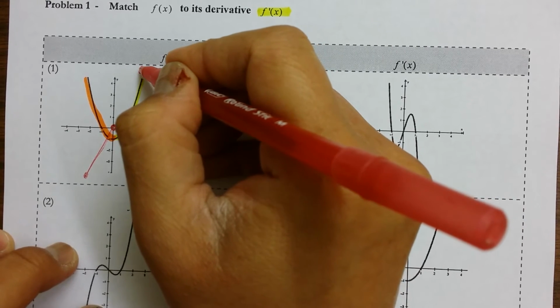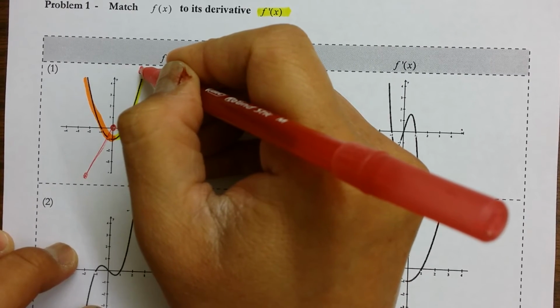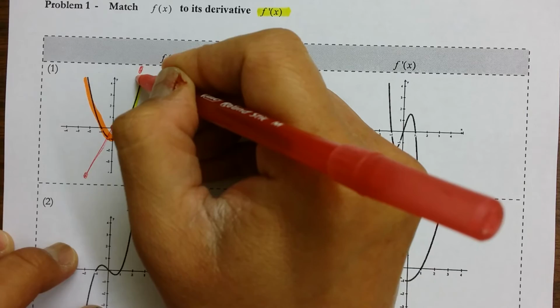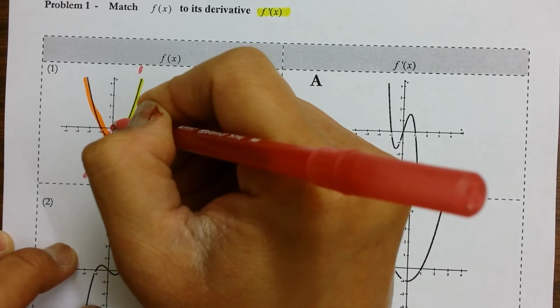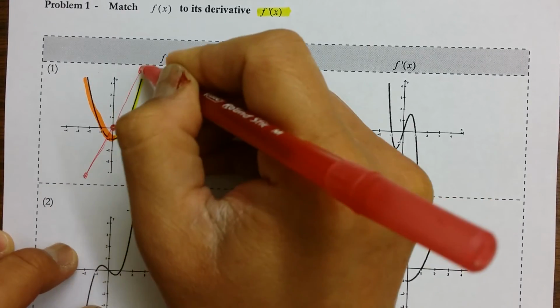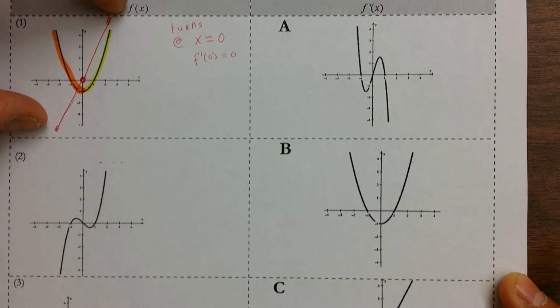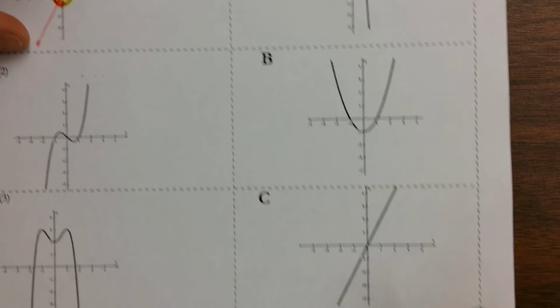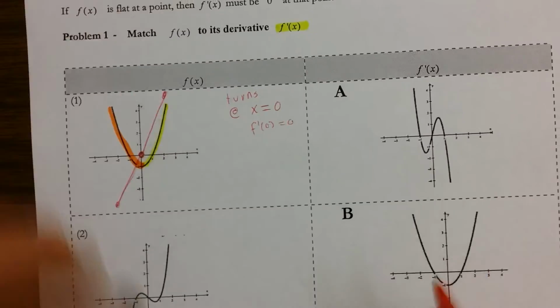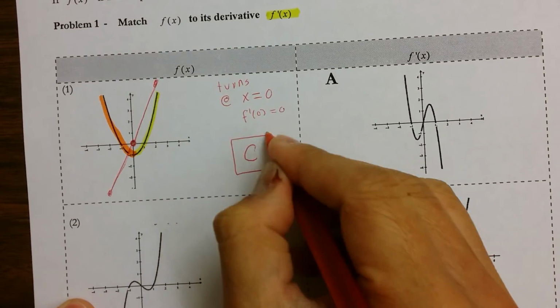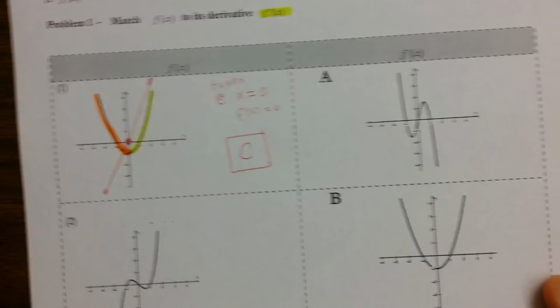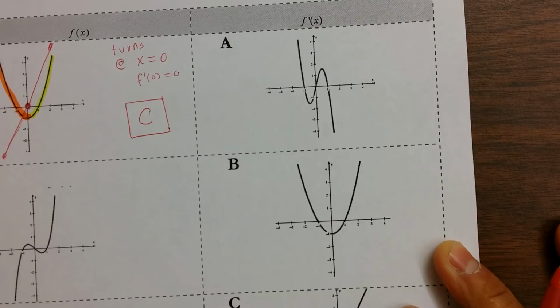And then the slope goes like maybe -5, -4, -3, -2, -1, and 0. So the line should look like that, which is the graph of the derivative. So it matches up with option C. All right, you can go from the function to pick the right derivative.